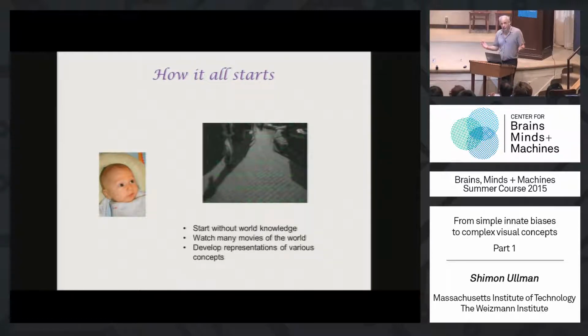Imagine that we have a system that starts without any specific world knowledge wired into it. It watches movies for, say, 6 months. At the end of the 6 months, this system knows about the world, about people, about agents, about animals, about objects, about actions, social interactions between agents, the way that infants do during their first year of life.